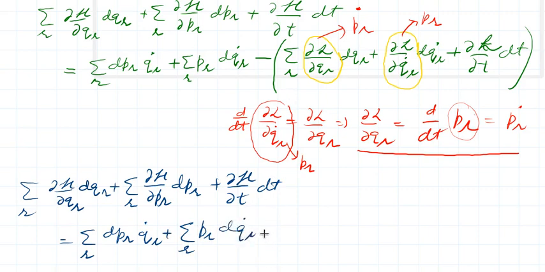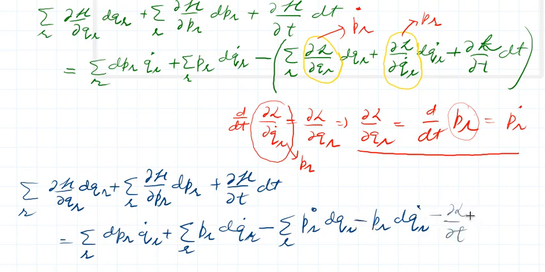I opened this, and it is minus summation over R PR dQR dot, minus PR dot dQR, because I opened the bracket, and minus curly L over curly T dT. That's what I am getting here.